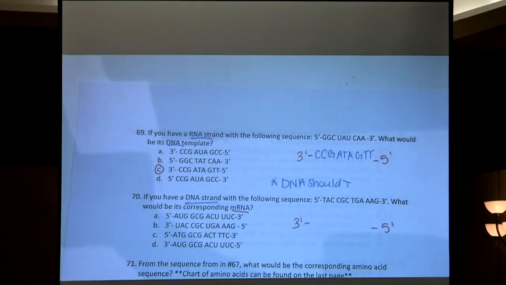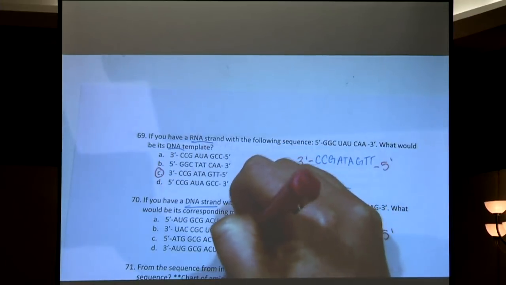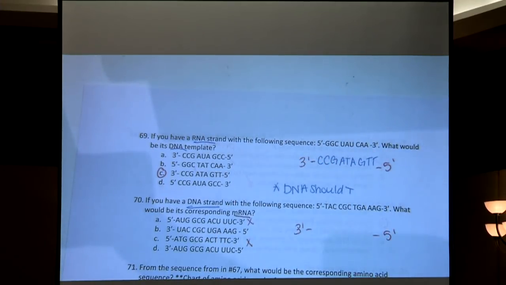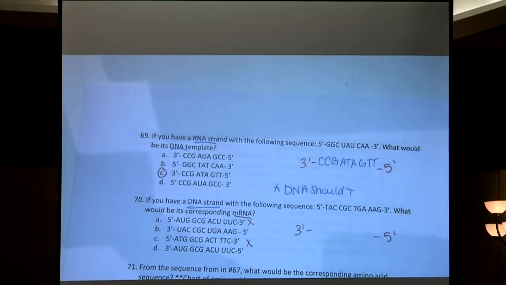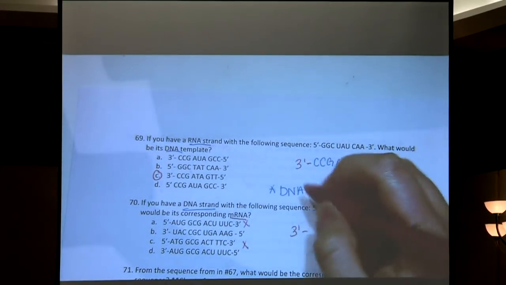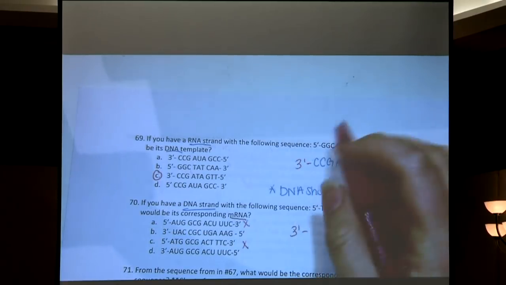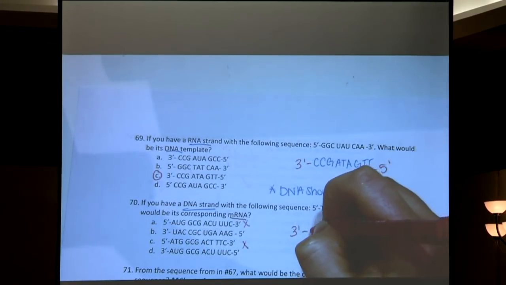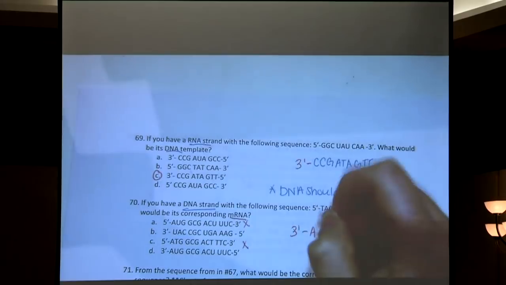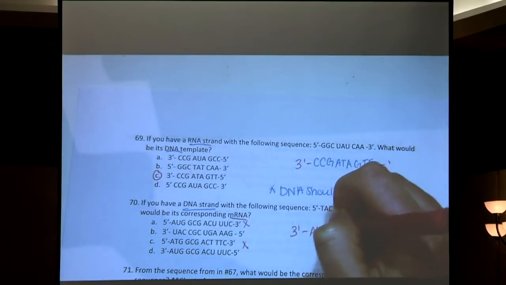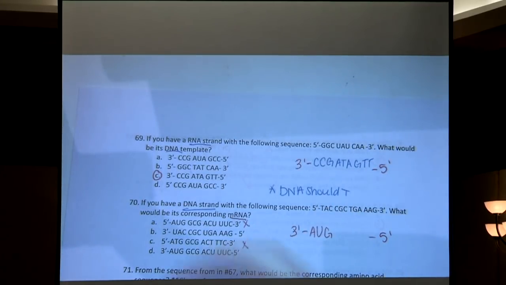That would help us eliminate A and C. If you just do the first few, our T would become A, our A would become U, and C would become G. So in that case, our answer should be D.